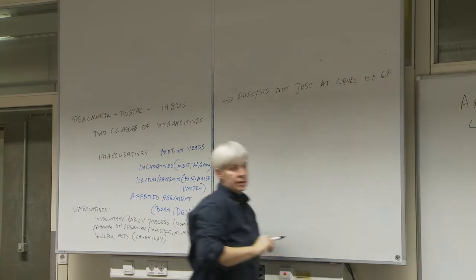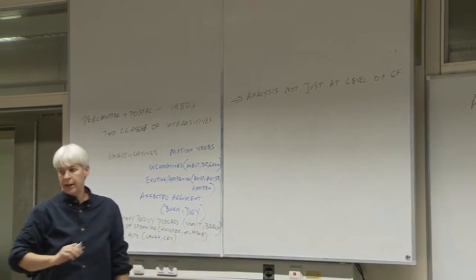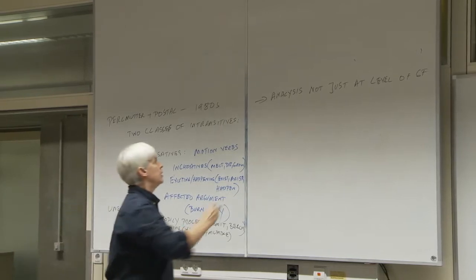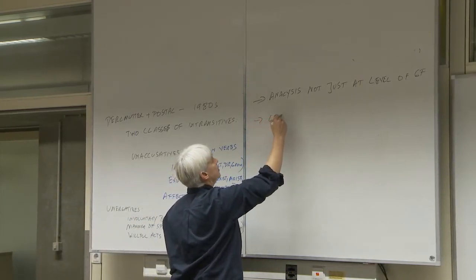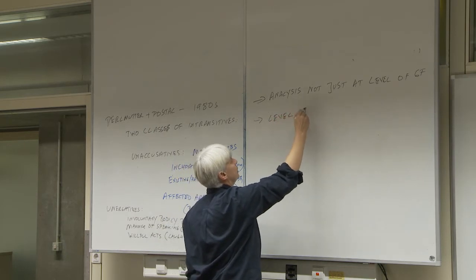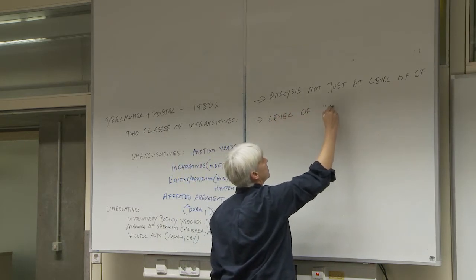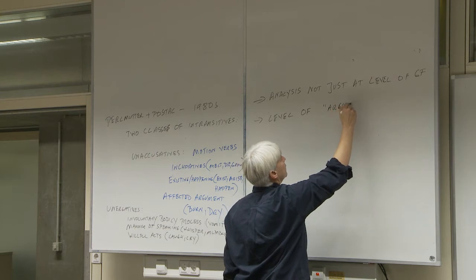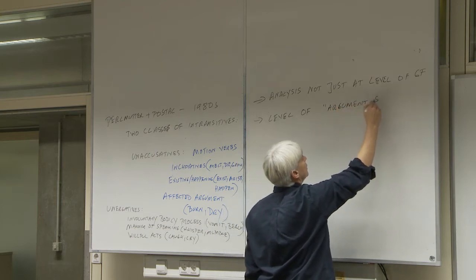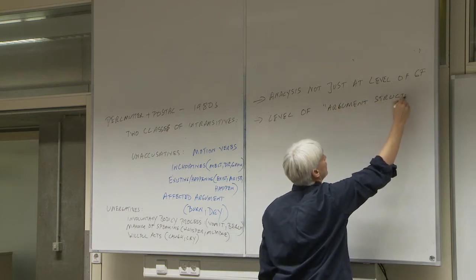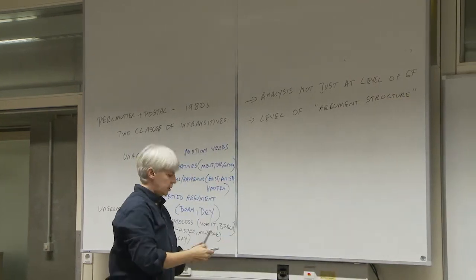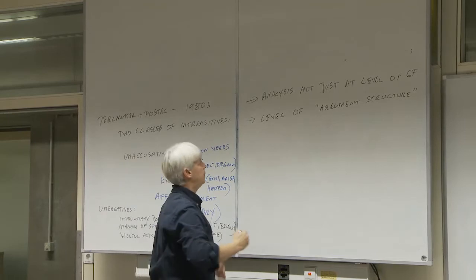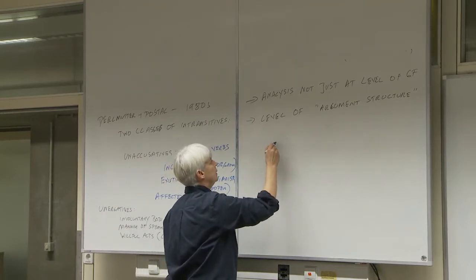Okay, so not just subject-object. That's a good level of analysis for several things, but you actually need some level of arguments, what people have come to call argument structure. Okay, and then you can distinguish. I'll just give you a preview.